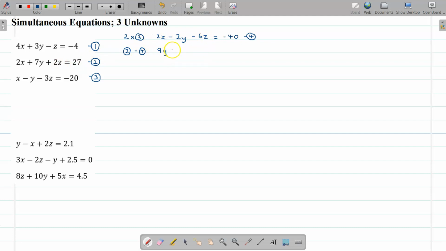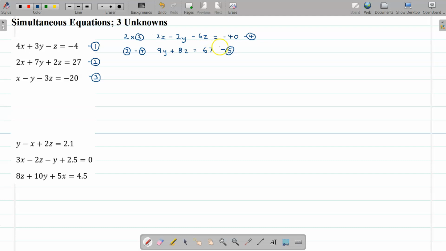So it's 9y plus 8z. And if we do 27 take away negative 40, it actually gives us 67. So I now call that one equation 5.